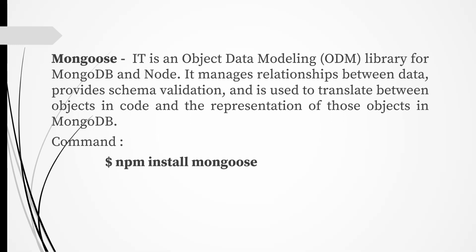Another dependency is Mongoose. It is an object data modeling library for MongoDB and Node, and it manages the relationship between data, provides schema validation, and is used to translate between objects in code and the representation of those objects in MongoDB. For that, we need to use the command npm install mongoose.